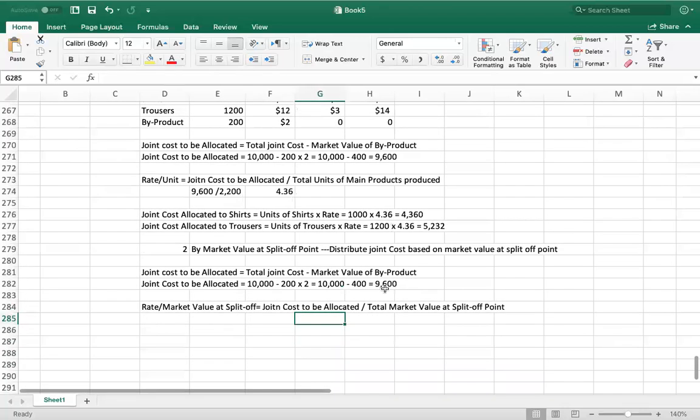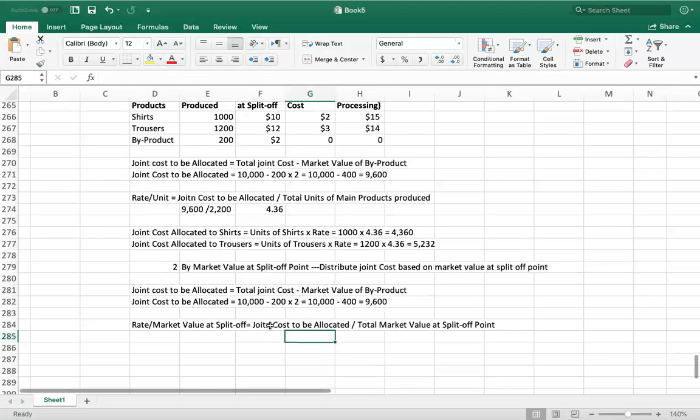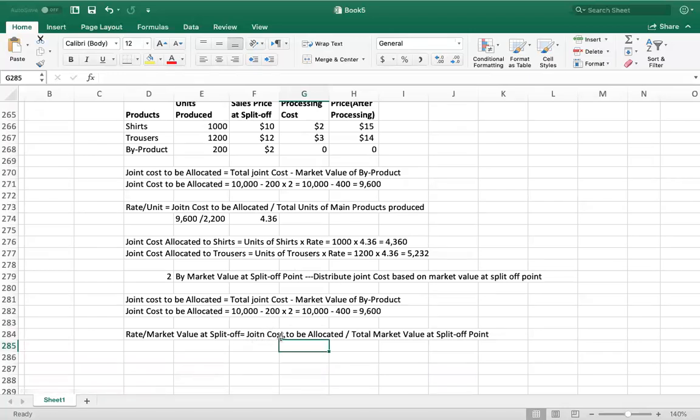Now you see everything is the same, only the formula has changed. So we take 9,600 divided by the total market value at the split-off point.